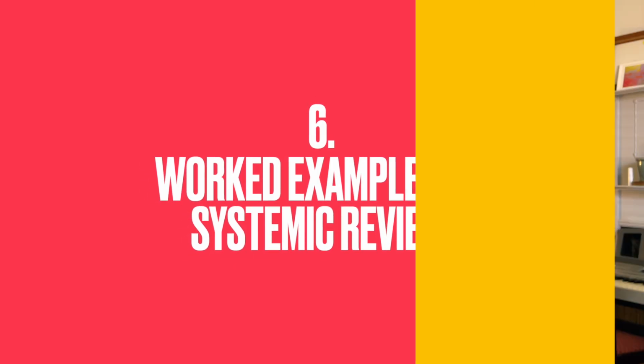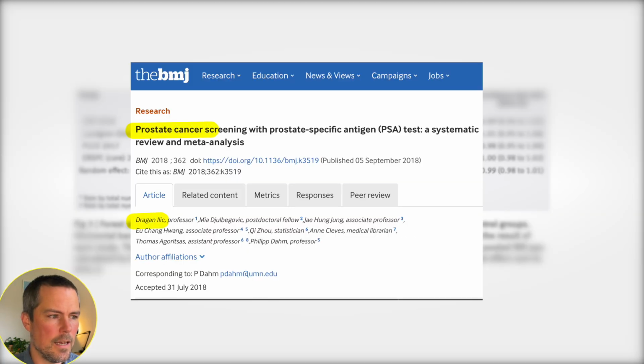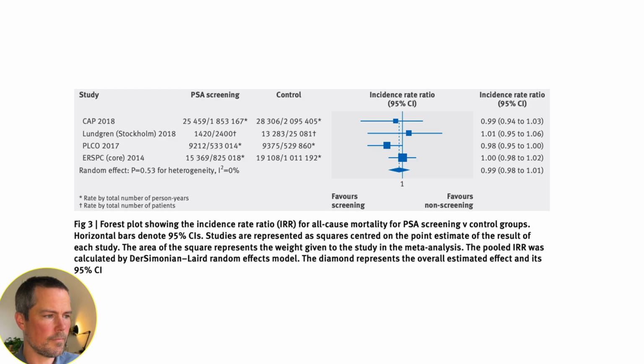So in terms of results, let's look at a systematic review, and we'll look at the forest plot from a review from 2018 by Illich et al. on prostate cancer screening. So here is the forest plot.